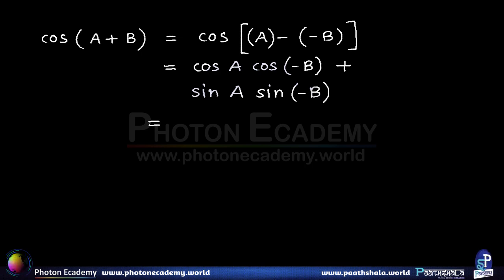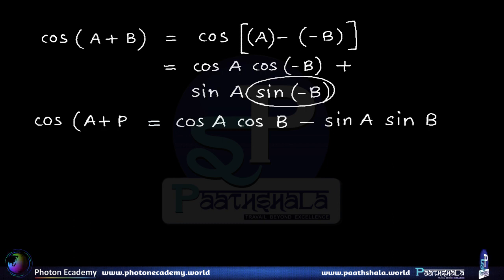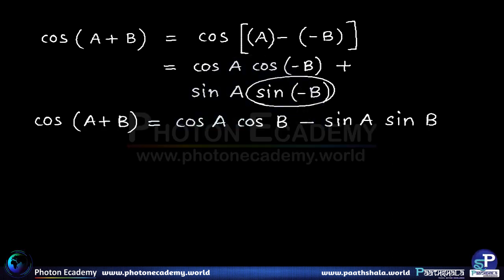And previously we had seen the negative angle result. We know that cos of the negative angle is the same as cos of the positive angle, so that gives us cos A cos B. Whereas sin of a negative angle results in negative of sin, so therefore ultimately it becomes minus sin A sin B. So therefore we get cos(A plus B) is equal to cos A cos B minus sin A sin B. And it's very easy to remember, because if the sign on the left side is minus, then the sign on the right side will be plus.